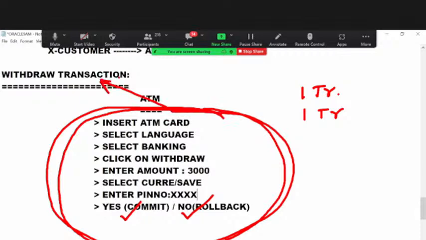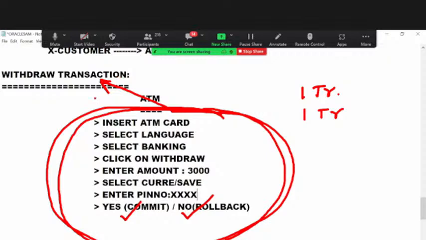The withdraw transaction. So when I did this, your database server will treat this customer as having done how many transactions? 1 transaction only. But in the transaction, there are so many steps.